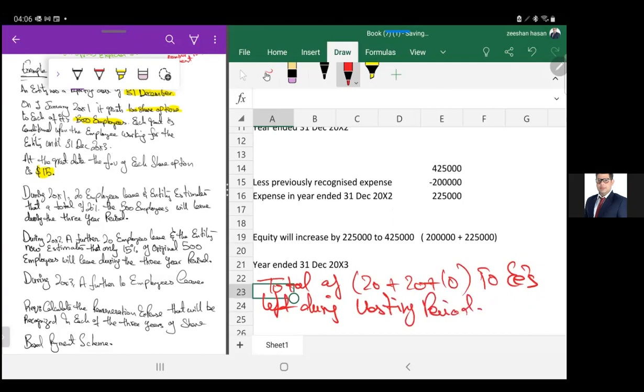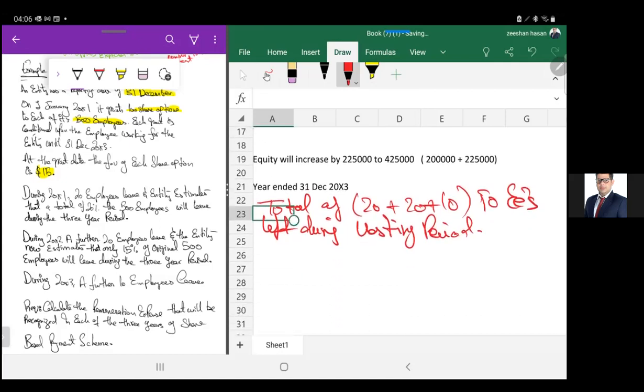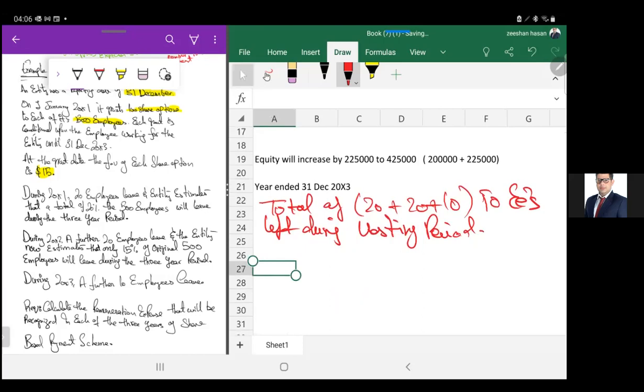And the expense recognized in the final year of the scheme will be as follows now. 500 minus 50, into 100 options, into 15, and now you do not need to write 3 divided by 3.